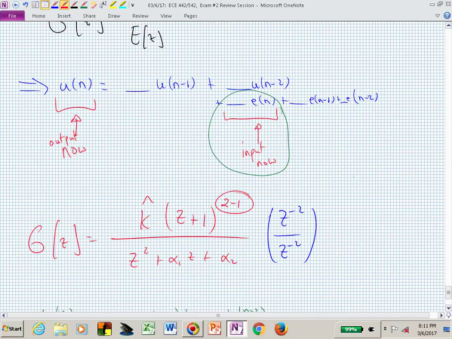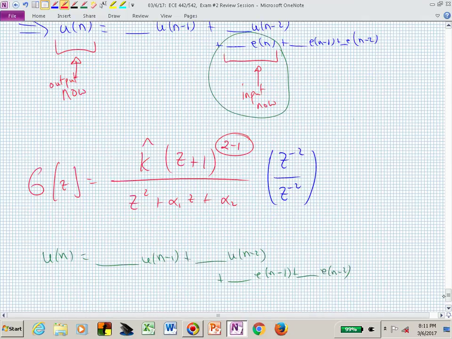And then I think you can see that our numerator now just contains a z to the minus 1 and a z to the minus 2. And that gives rise to an e[n minus 1] and an e[n minus 2], and I've now lost my input e at the current time, which is what I was maybe trying to accomplish.